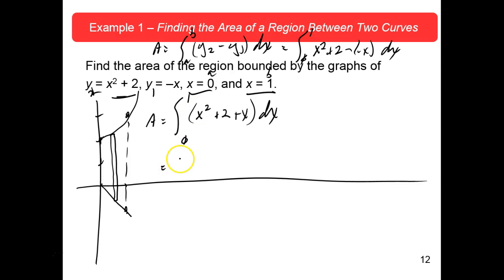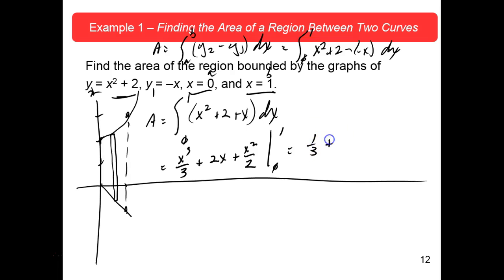The antiderivative of x squared would be x cubed over 3, plus the antiderivative of 2 would be 2x, plus x squared over 2, evaluated between 0 and 1. I'll do the 0 part, y'all do the 1 part. What would that give you?